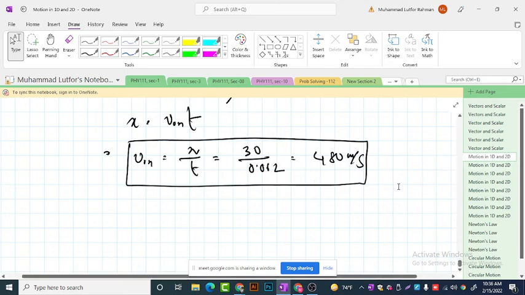So at the beginning of the equation, we could write solving vertically. Then we solve using v equals u plus at, something like this.